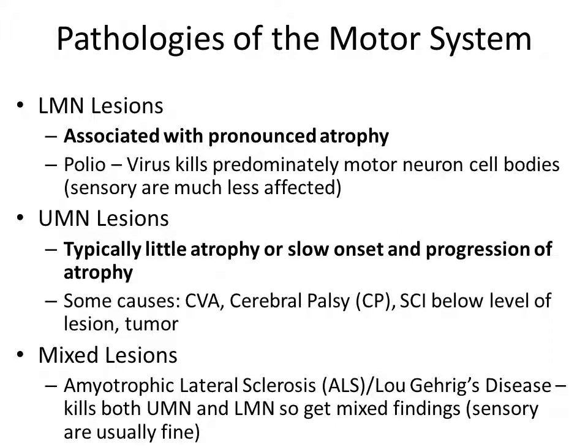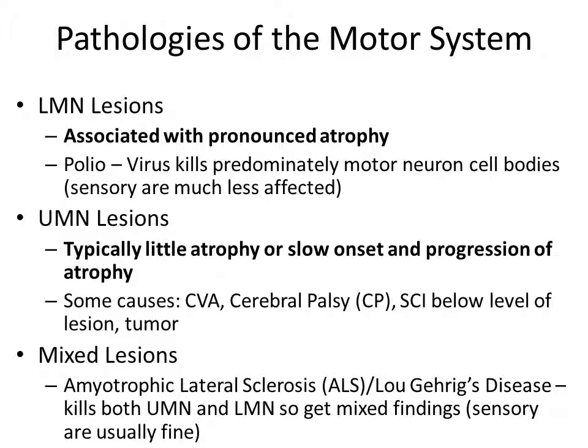I don't want you to right now try and know, okay, which disease is an upper motor neuron, which is a lower motor neuron, which is mixed. These are just examples to give you some ideas. What I do want you to know, though, is the association of atrophy with lower motor neuron lesion and little or very slow progression of atrophy for upper.